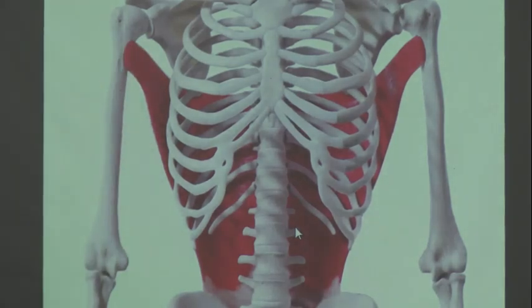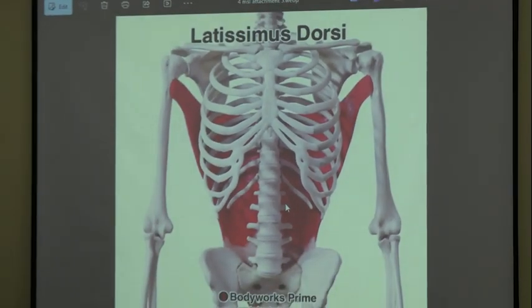Latissimus dorsi attaches in the groove, the floor of the intertubercular sulcus. There are two tubercles, so between them there is a sulcus or a floor, right? This is that part only.